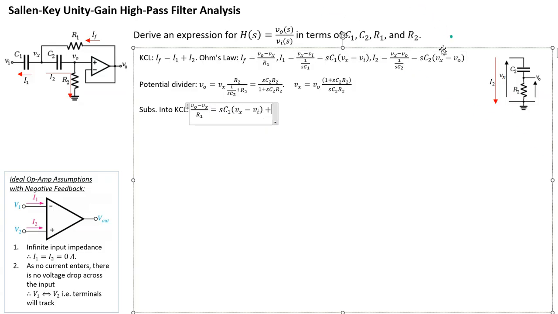Plus I2. This is my I2. All right, okay, so this is what I have from my original KCL, substituting these into the equation.